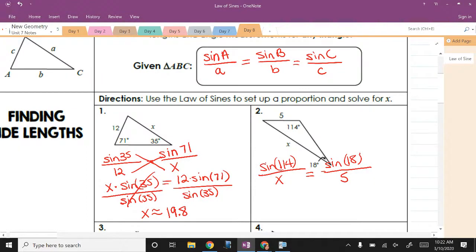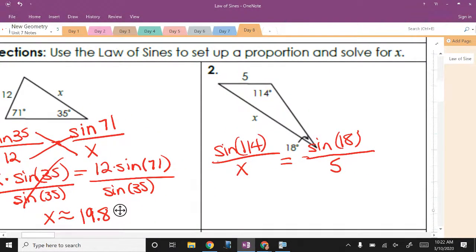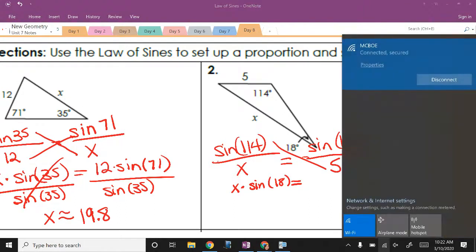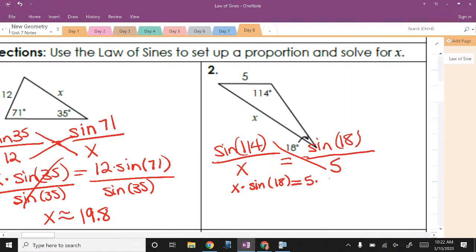All right, then we solve the proportion. On one side, I'm going to have x times sine of 18 equals 5 times sine of 114. So how do I get x by itself? Divide by sine of 18 degrees.